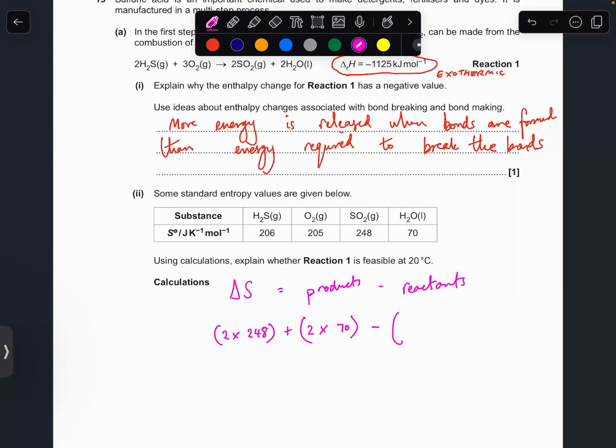Now the reactants are 2 times hydrogen sulfide, 206, plus 3 times 205. When you type these into your calculator, it automatically puts brackets around whatever is multiplied together. Let's see what that gives us.